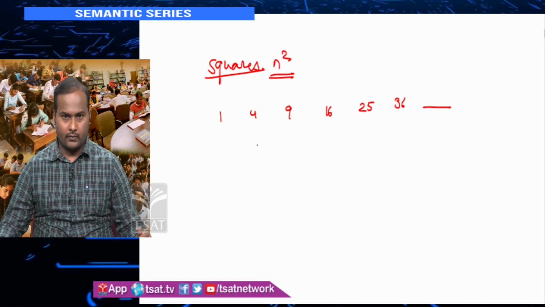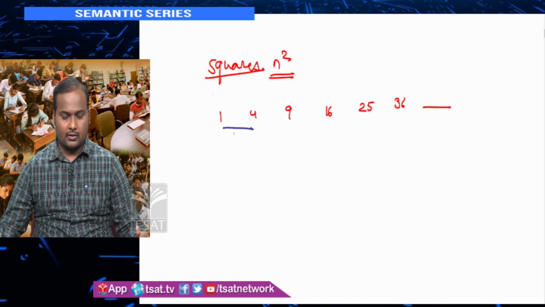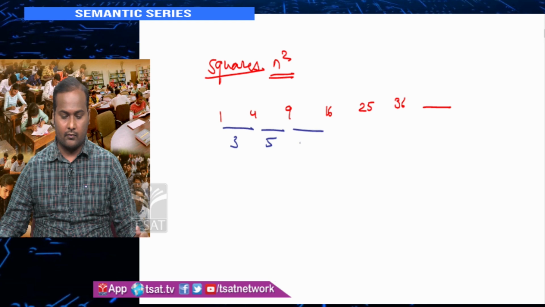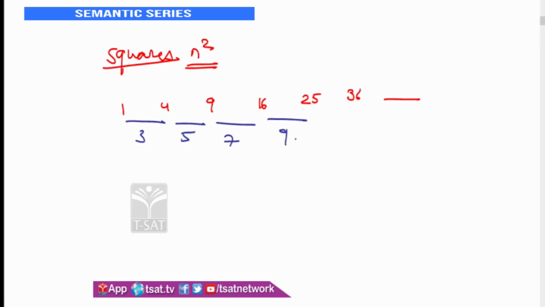Here the difference is 3, then 5, 7, 9, 11. Obviously the next one will be 13. So you can observe the square pattern, or you can take the difference.